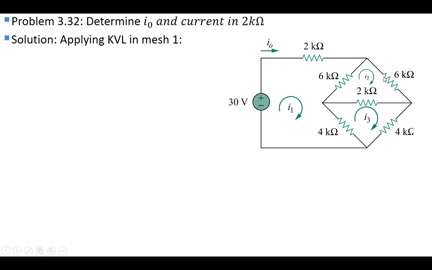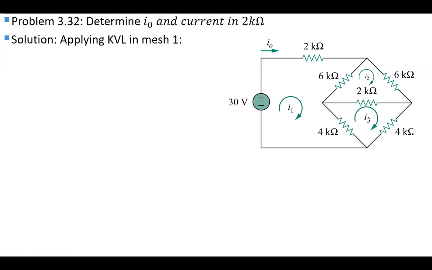Another mesh runs from this point to this point, this point, and this point. Let's suppose its current is I2. We have assumed I1, I2 and I3 are all clockwise currents. Similarly, I3 is the current flowing in mesh number 3. So there are 3 different non-overlapping meshes.